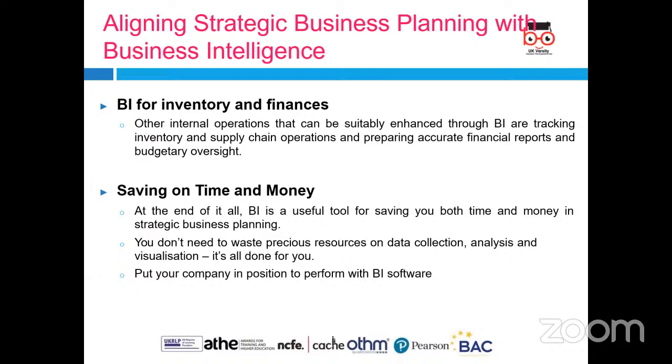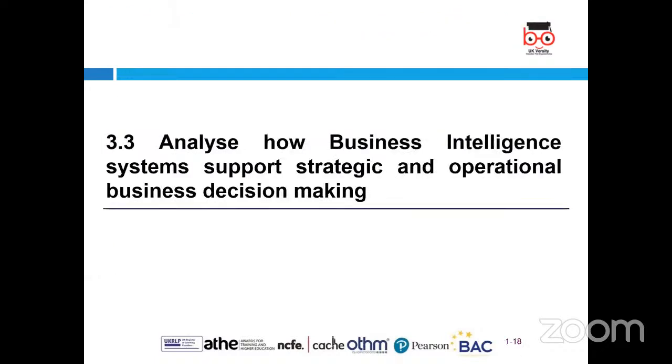And other benefits are saving on time and money, which is one of the goals that we have to take into consideration. Now we're coming to analyzing how our business intelligence systems will support strategic and operational business decision making.